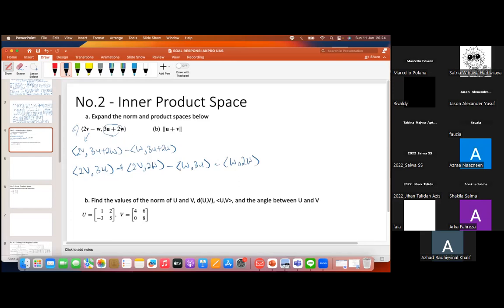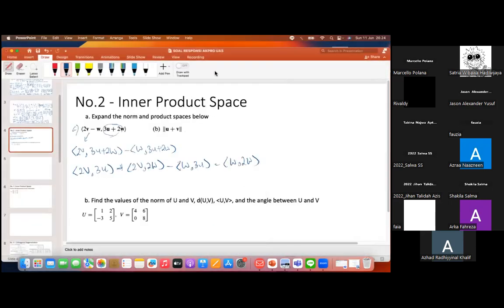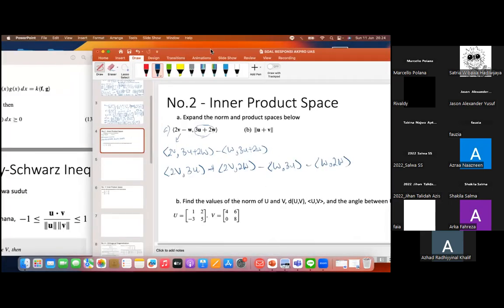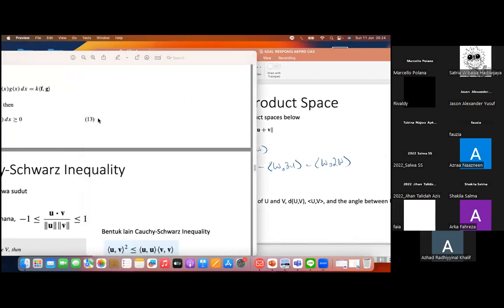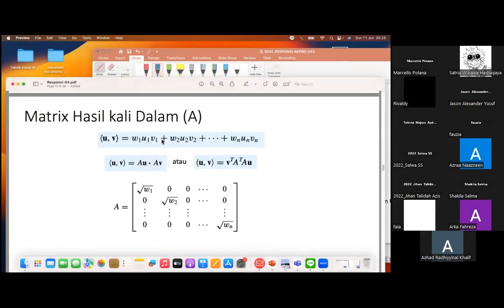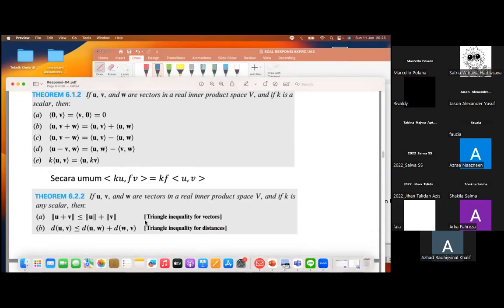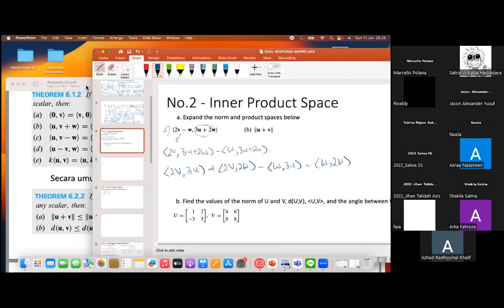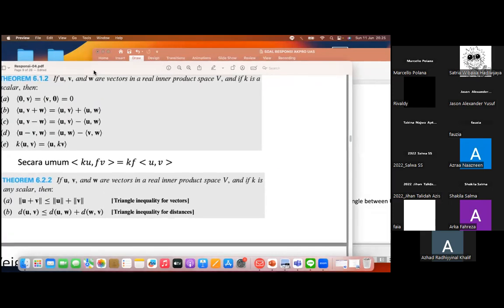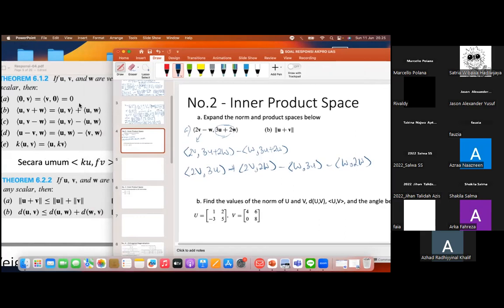Now we can use this property, and so we can pull out the constants.